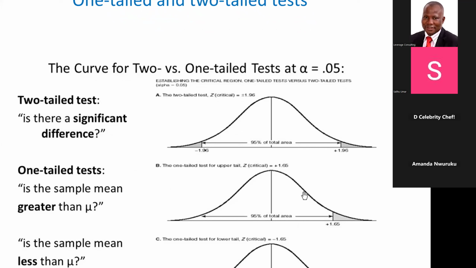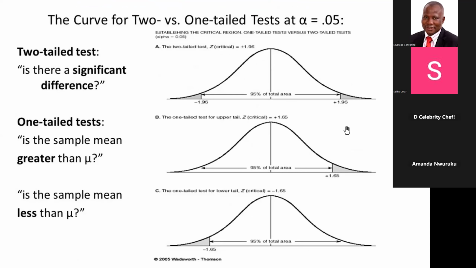The remaining will be 2.5 and 2.5 on both sides, because the Z score you calculated, you read from the middle to the side, minus on one side and positive on the other.